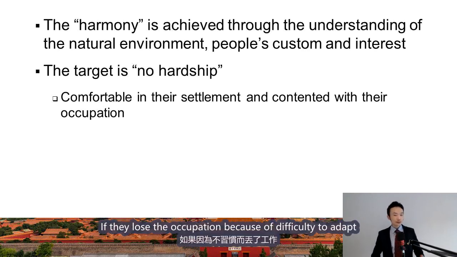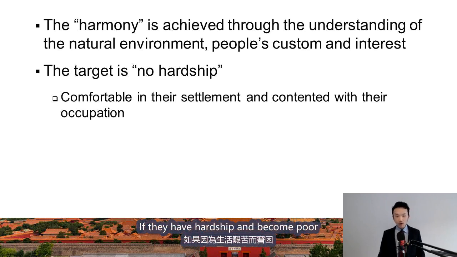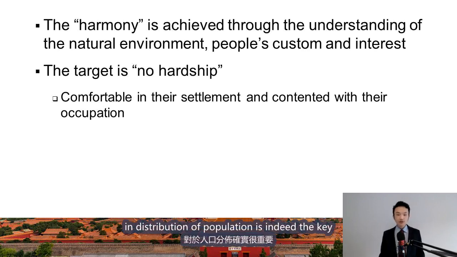If they lose their occupation because of difficulty to adapt, they will have hardship. So if they have hardship and become poor, they will likely give way to unbridled license. So the harmony between people and the local environment in distribution of population is indeed the key.